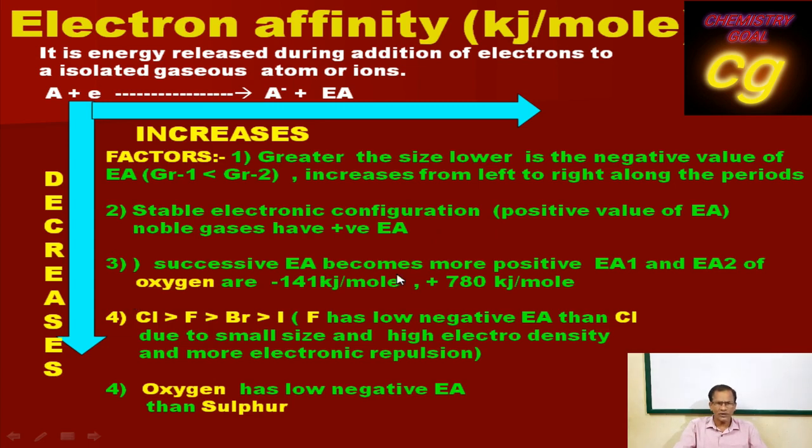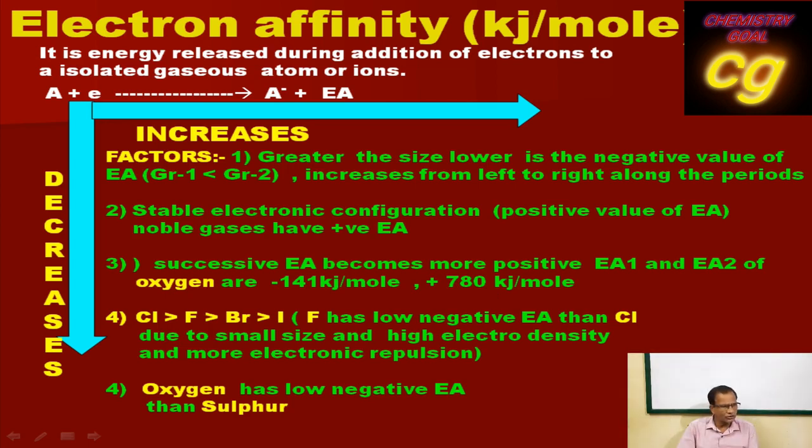Then successive electron affinity becomes more positive. Very important. As already discussed, if you remove electrons from an atom one by one, the ionization energy is increasing. Here, if you add electrons one by one, the successive electron affinity becomes more positive. That means to add the first electron, energy is released.